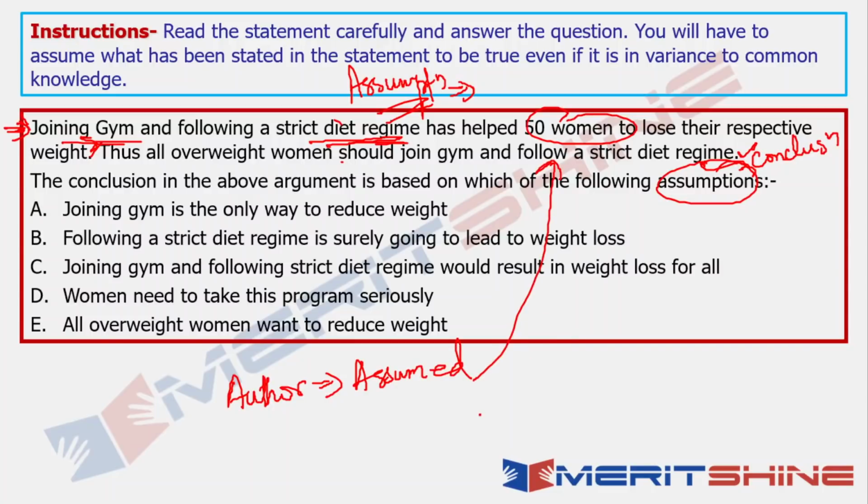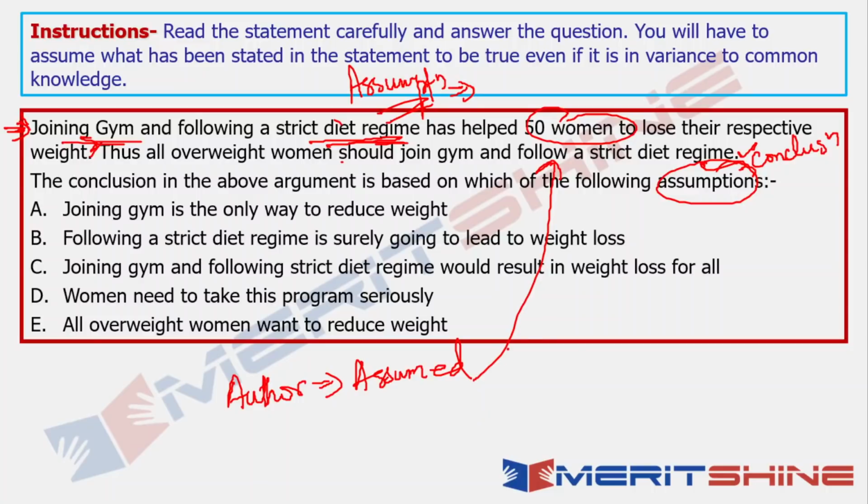There is a very big misunderstanding among students that assumption means my assumption, your assumption. No. Assumption means the author's assumption, which essentially means what the author must have thought at the back of his mind. He has not stated it. He has just thought about it at the back of his mind, and therefore he has come out with this conclusion.